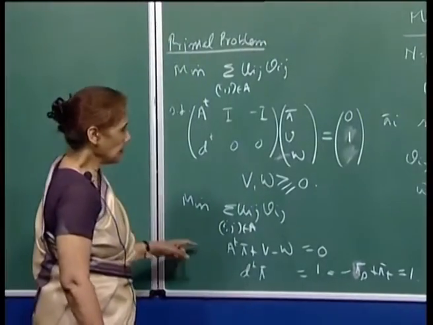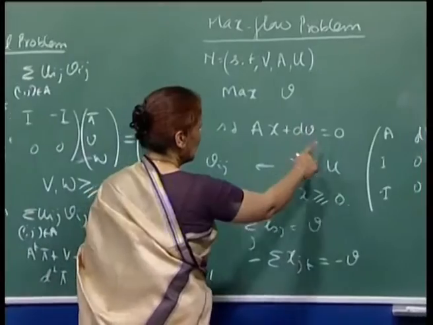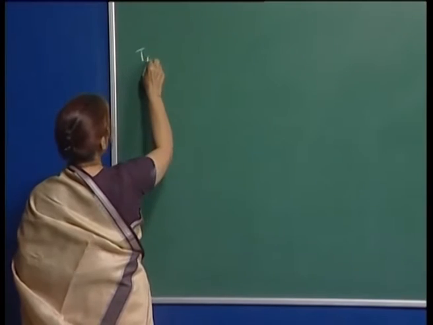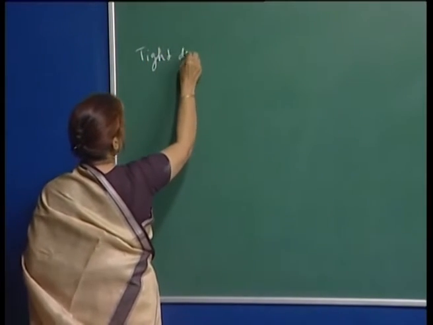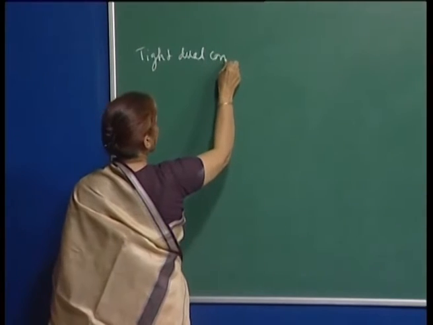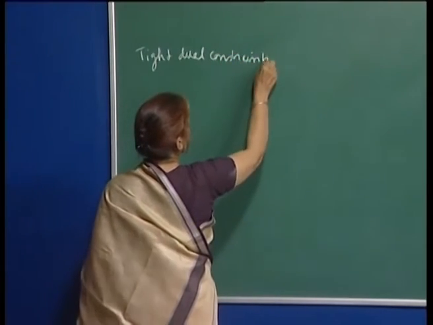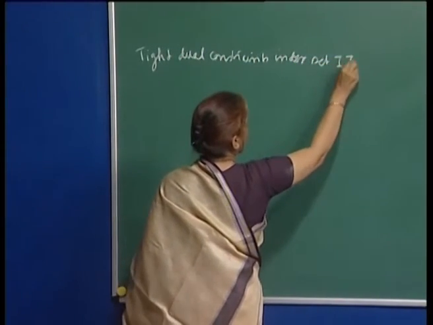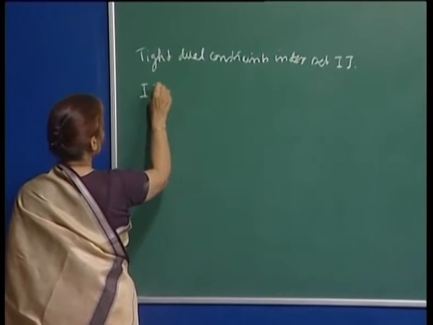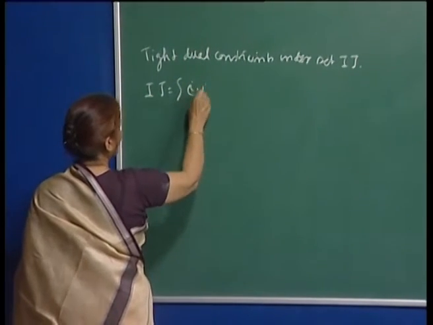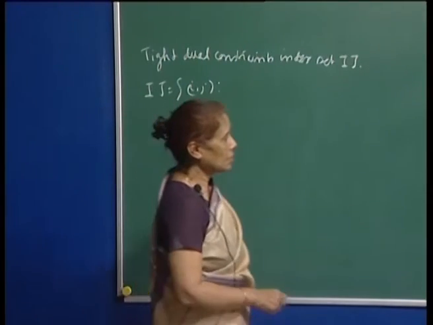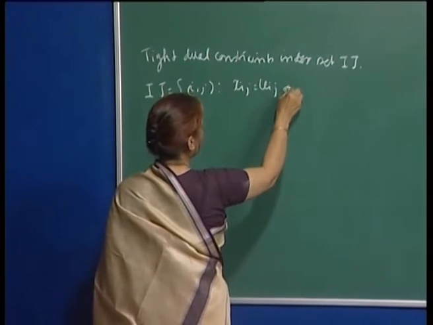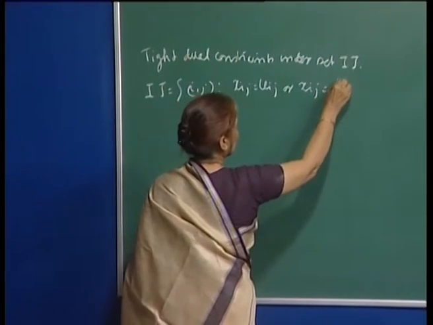So now when you have this dual problem, here you will define your tight dual constraints index set, capital I J. So I'll define it as all arcs ij for which either x_ij is u_ij or x_ij is 0.